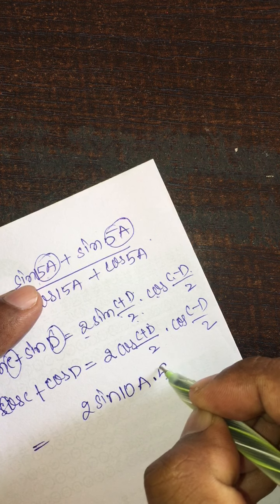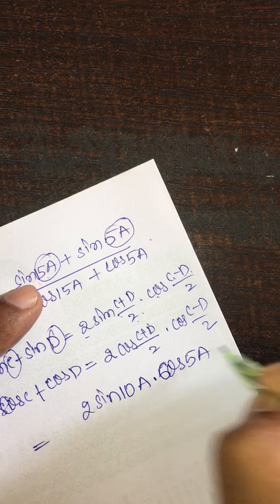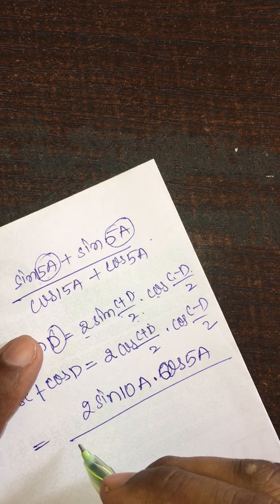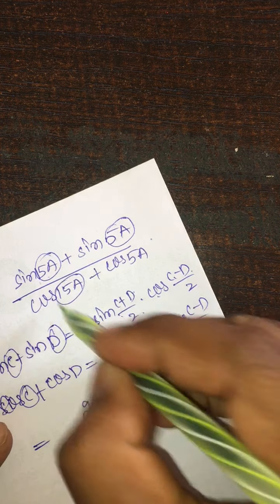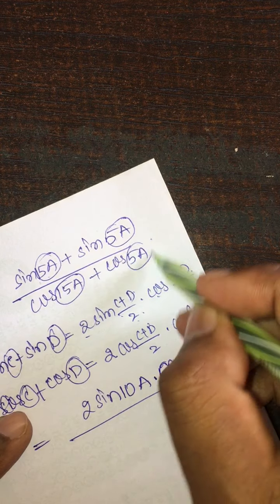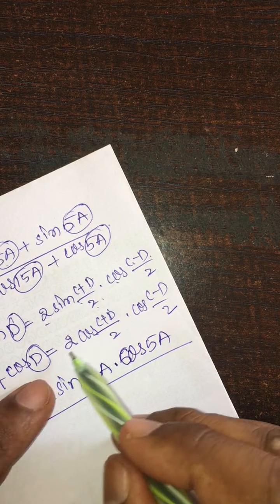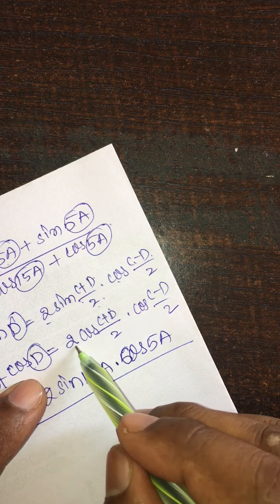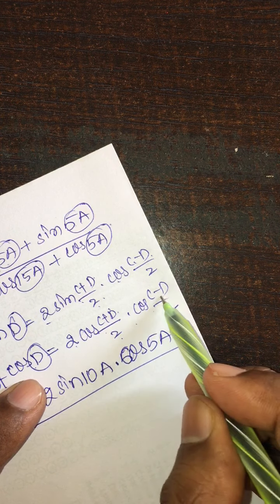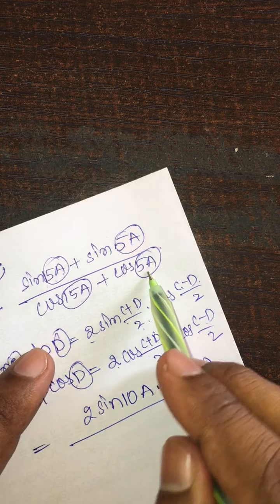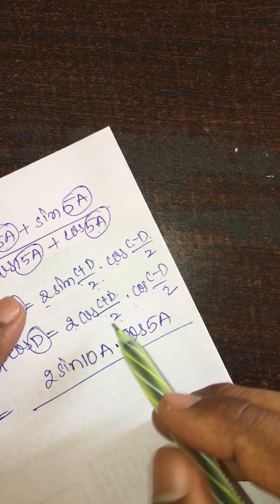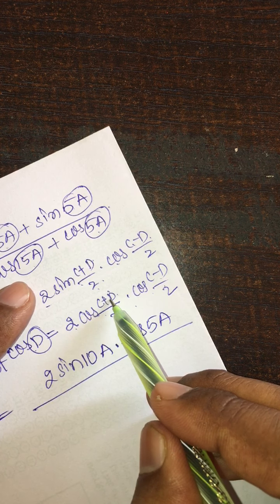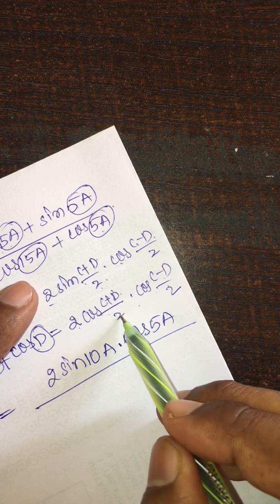So cos 5a. Next in the denominator, C is 15a, D is 5a. So again the cos C plus cos D formula is 2 cos (C plus D) by 2 into cos (C minus D) by 2. C means 15a, D means 5a. 15a plus 5a is nothing but 20a by 2, that means 10a.